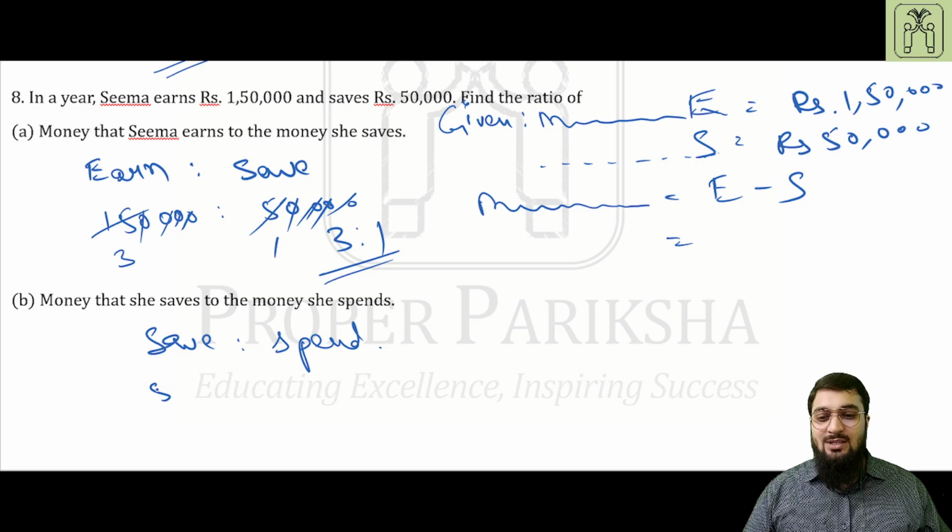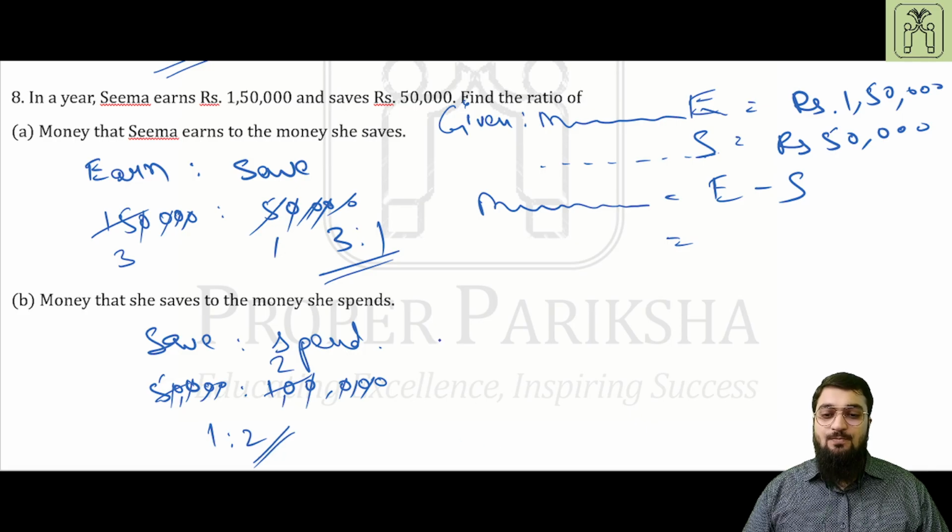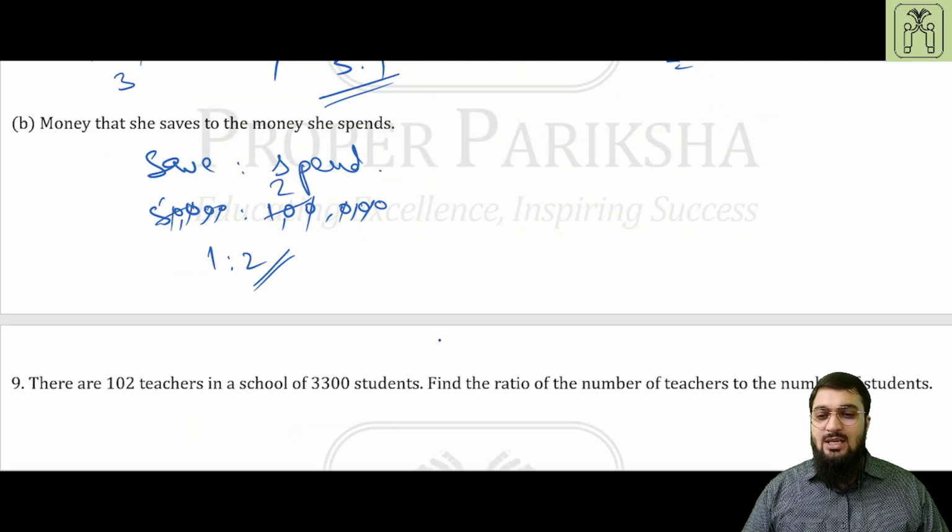So saving is 50,000, and spending is 1 lakh, and the answer will be 3 zeros will get cancelled out, another 0 will get cancelled out, and 1 and 2, the answer will be 1 is to 2. Coming to the next.